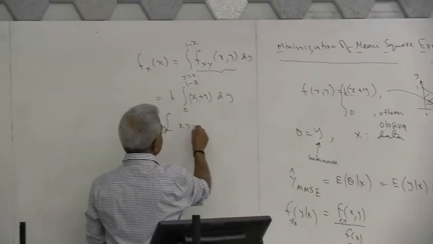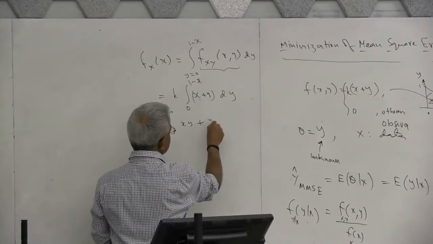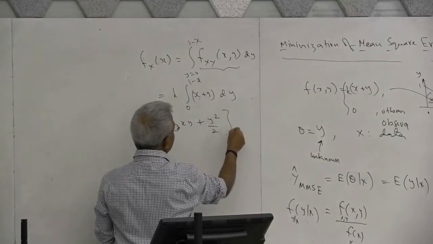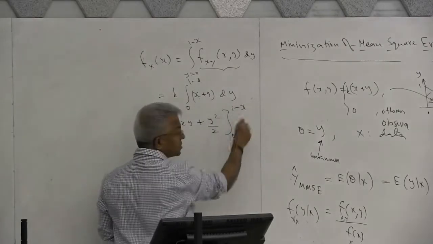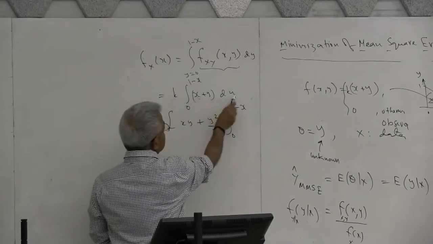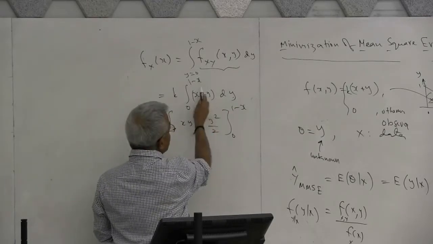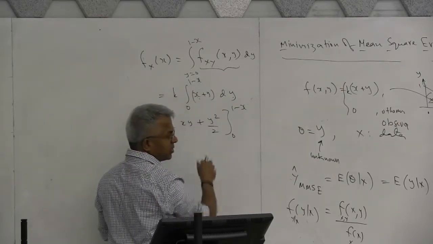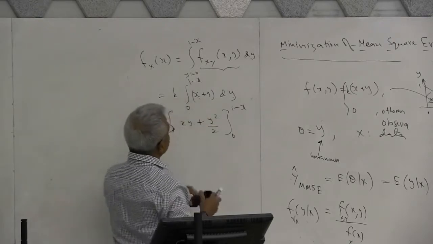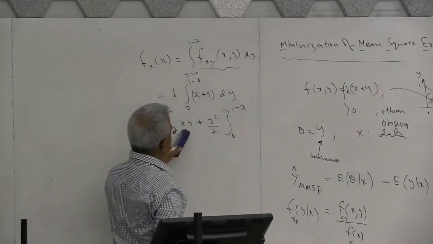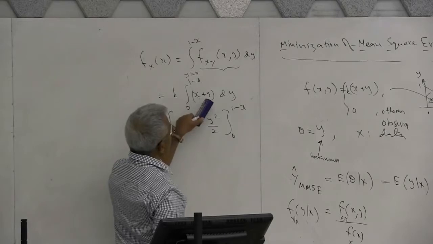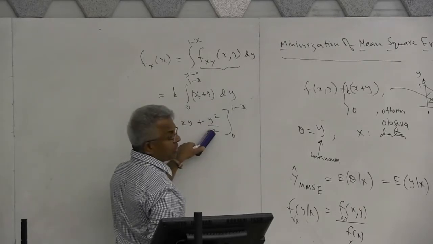Right. And the next term? Now you need to substitute 0 and 1 minus x, right? Remember x dy, integration: x is a constant, that's what he is saying, right? So remember two integrals, x dy integral is xy, then y dy integral is y squared by 2.